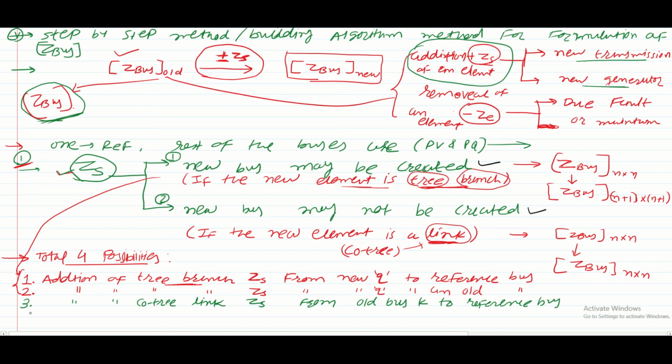The third one is addition of co-tree link ZS from an old bus K to reference bus.